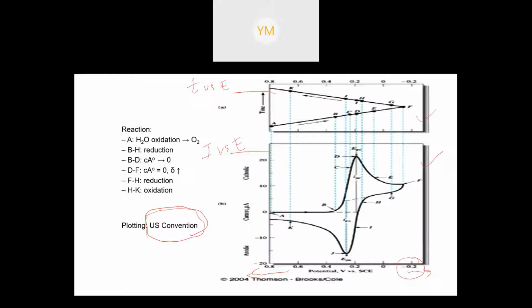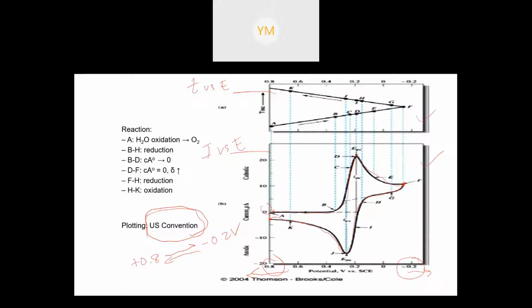To plot this voltammogram, you start here at V1, 0.8 volt, go to negative 0.2 volt, then back to 0.8. Start here, then the peak, then the switching potential here and reverse. This is the opposite peak, and stop at the initial voltage.